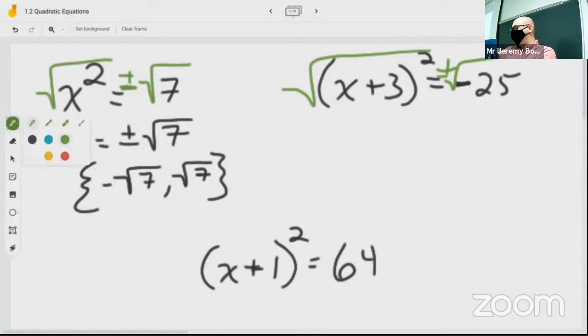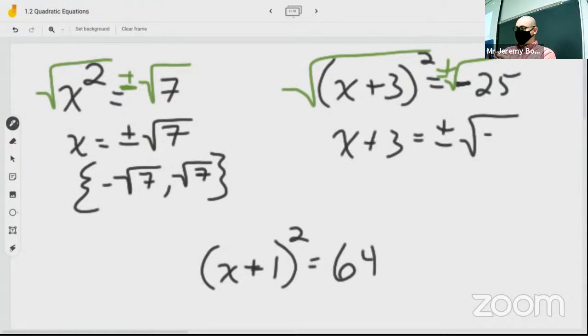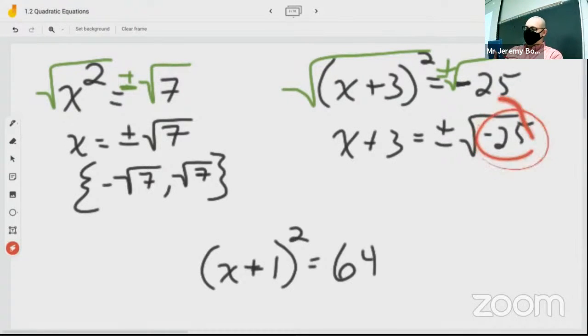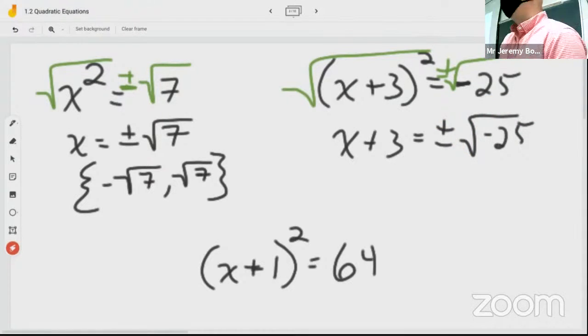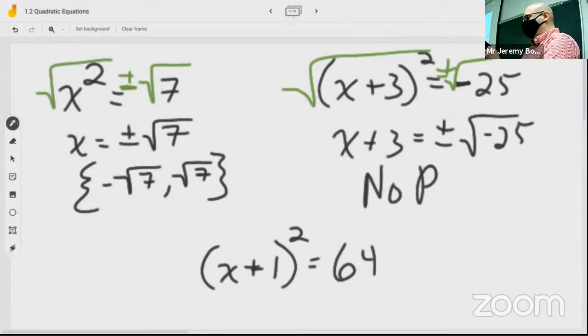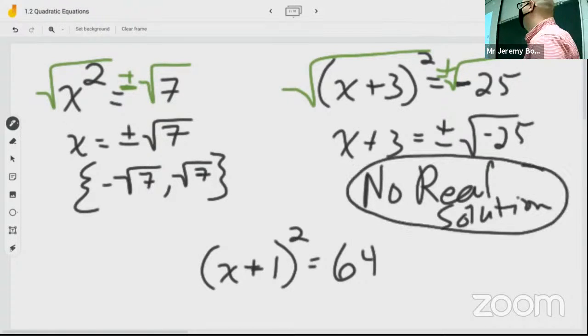Well, if we do it, and we get x plus 3 is equal to plus or minus square root of negative 25, the issue that happens is when you take the square root of a negative, it's going to be an imaginary number, right? And so we're not dealing with that in this class, so this is going to be no real solution. There is a solution, but it involves complex numbers. We're not doing it.